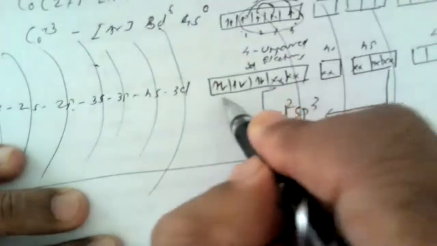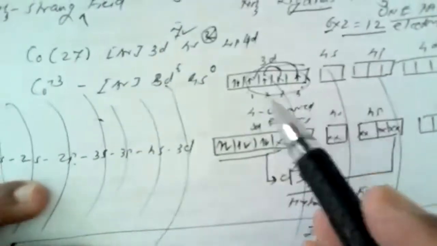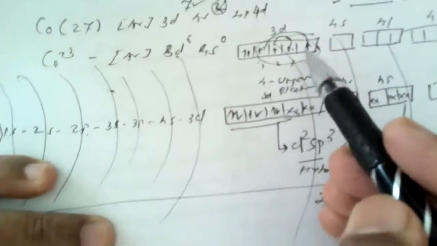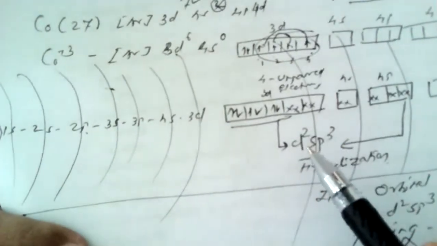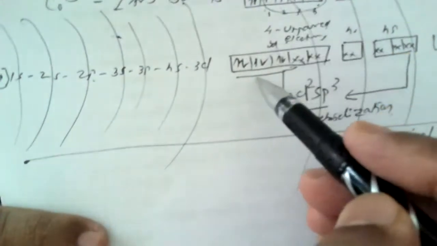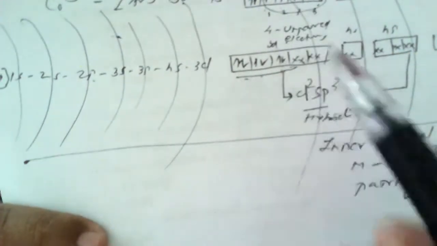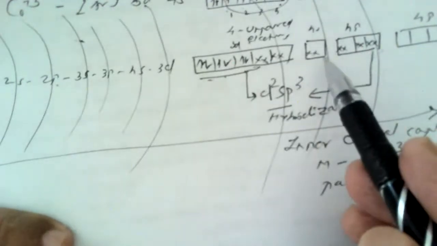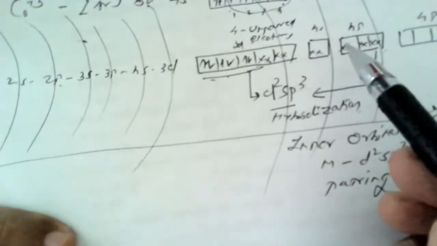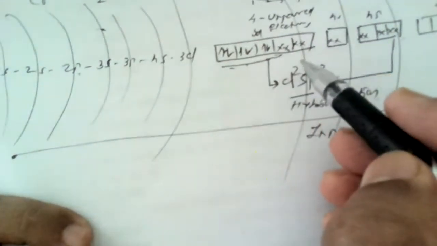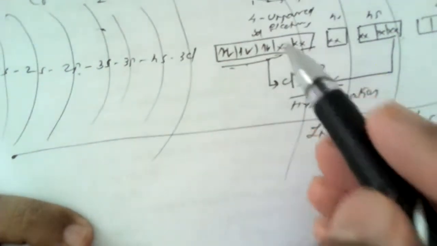In the ground state of the cobalt plus 3 ion there were 4 unpaired electrons, but due to the approach of the strong ligand field, that is 6 ammonia molecules, these unpaired electrons exert sufficient pressure, and hence no unpaired electrons are there after receiving the electrons from 6 ammonia molecules, which makes available inner d orbitals.